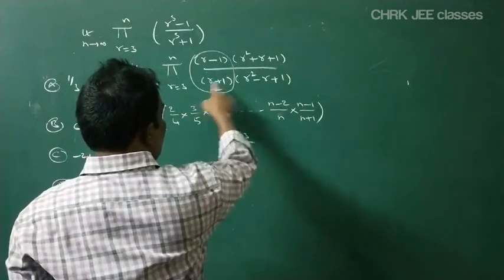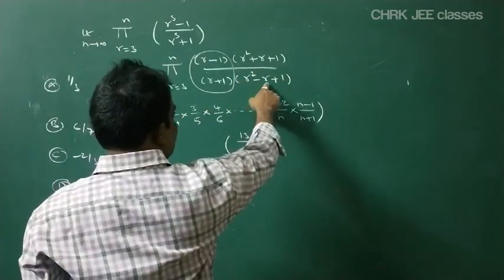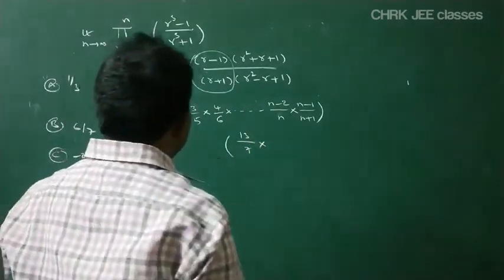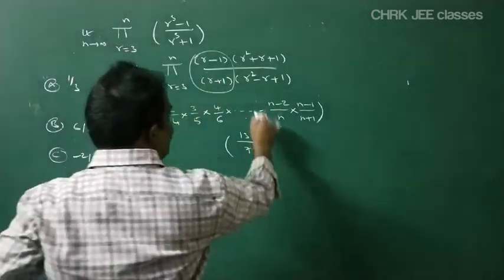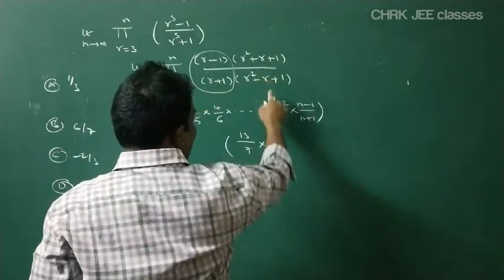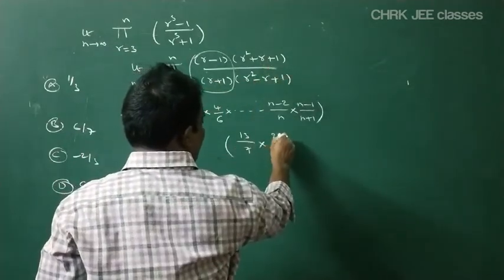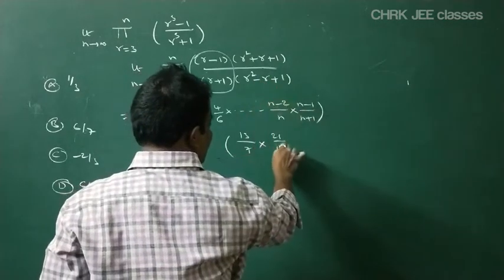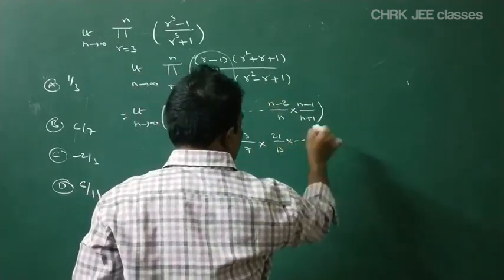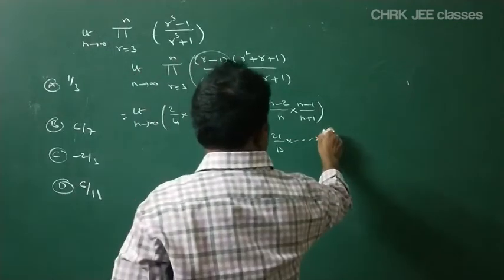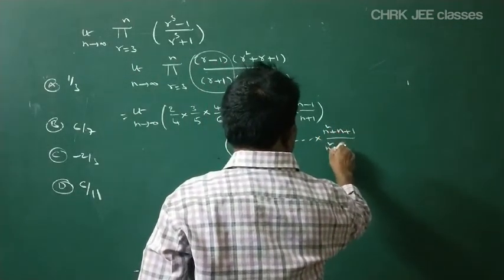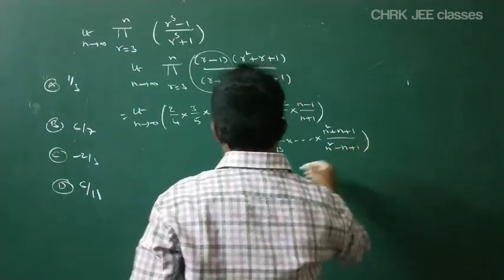Here 9 minus 3, 6. 6 plus 1, 7. Into. By substituting 4 here, 16 plus 4, 20, 21. By 16 minus 4, 12. 12 plus 1, 13. Into so on. Into n square plus n plus 1 by n square minus n plus 1.